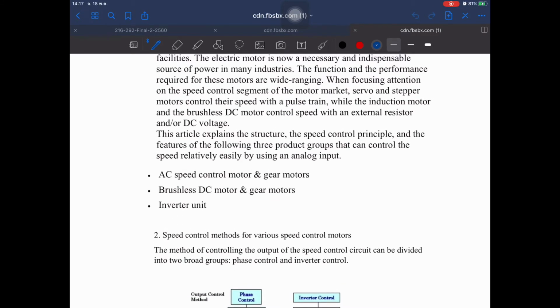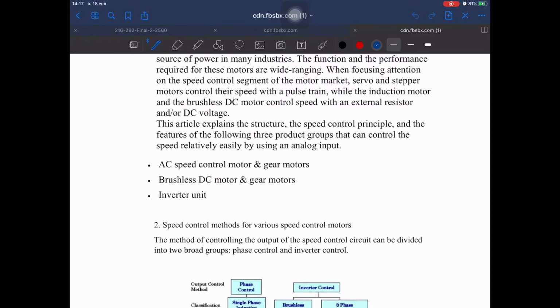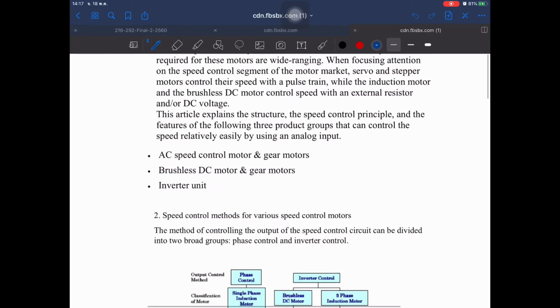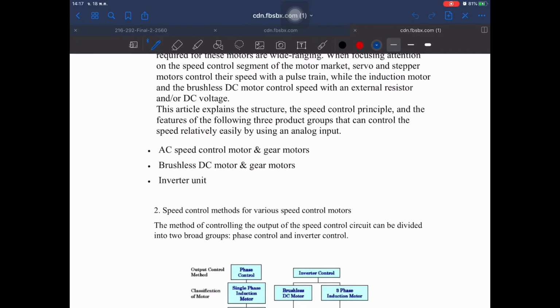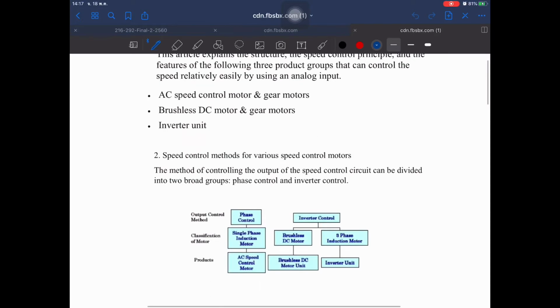And I have three modules to present. One, AC speed controller motor and gear motor, two, brushless DC motor and gear motor, and three, inverter unit.